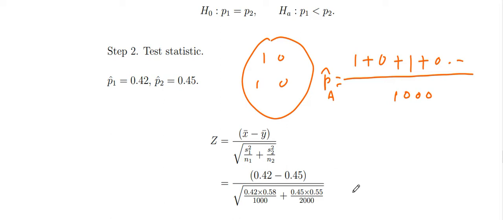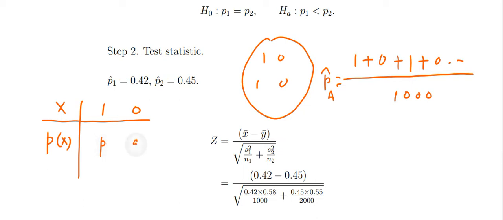Then for this 1-0 distribution, we know its variance sigma square equals PQ. So S square equals P hat Q hat, while the variance sigma square equals PQ.